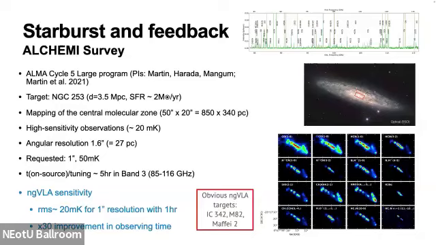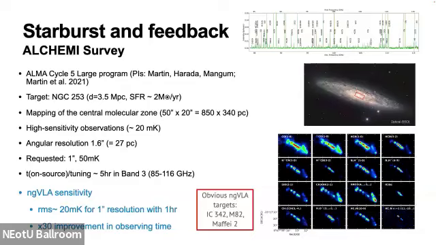This is the spectra, and as you can see, we see so many weak lines. To do this, the on-source time in Band 3, the 3 millimeter band, was about 5 hours per tuning. But with ngVLA, we can do that 30 times faster.